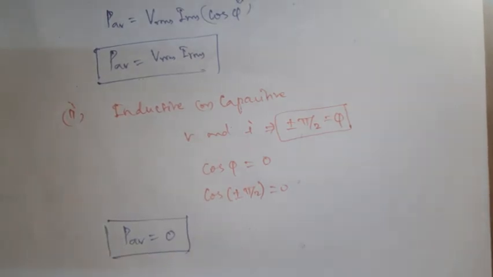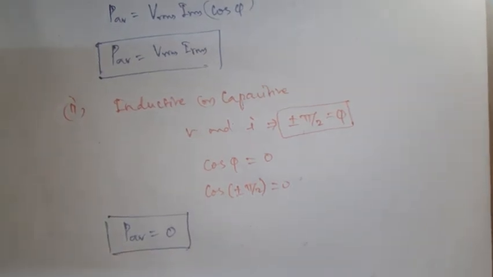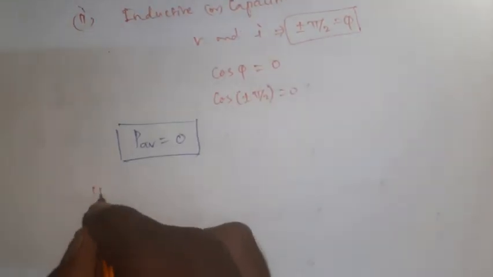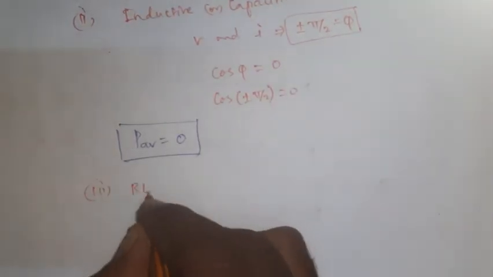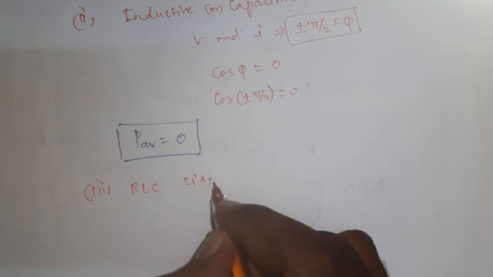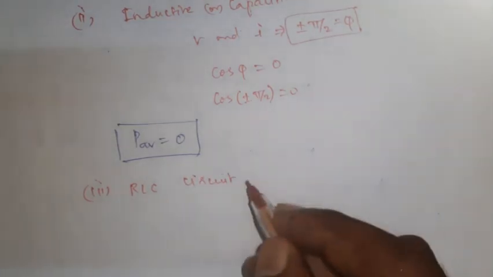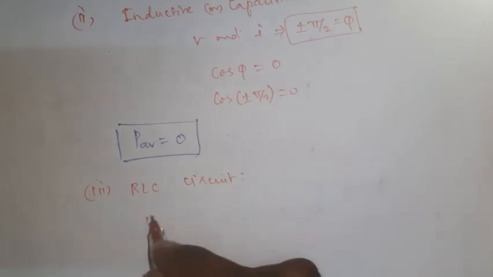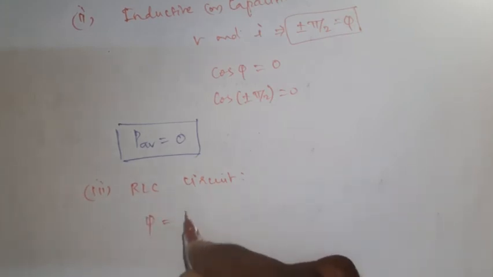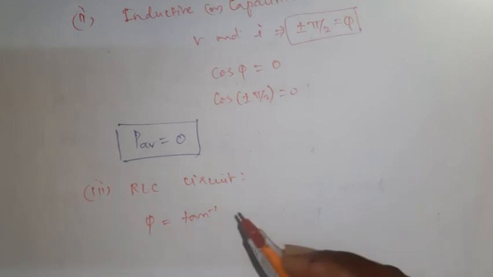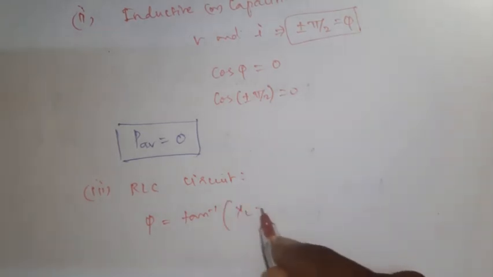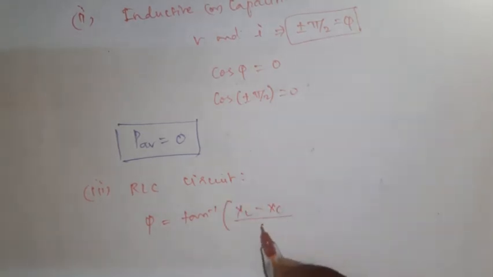Now case 3, for a series RLC circuit. For a series RLC circuit, we can't say the phase angle is 0 or plus or minus pi by 2. The phase angle depends on the resistance factors: tan phi is XL minus XC by R. XL is inductive reactance, XC is capacitive reactance, and R is the resistance.